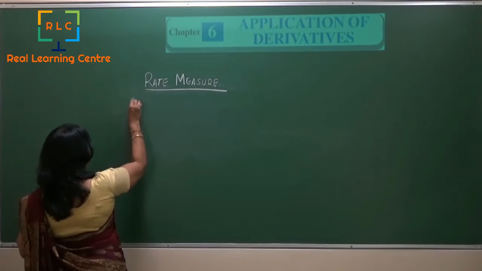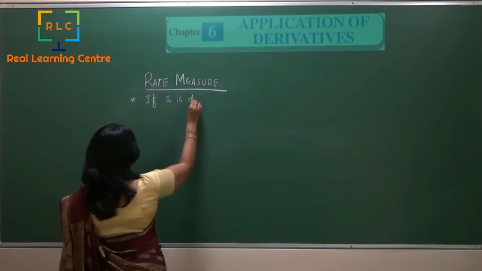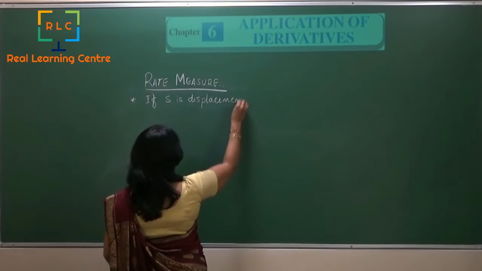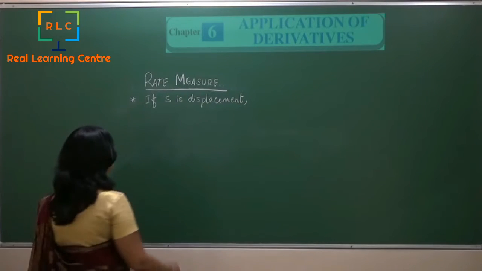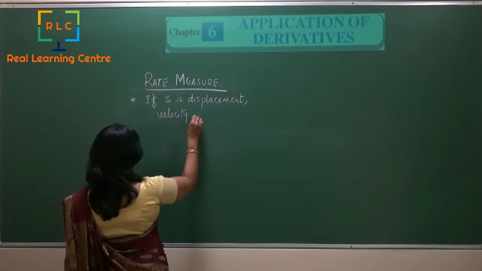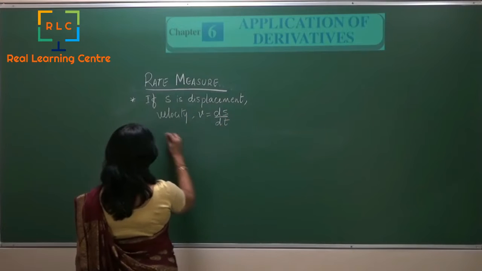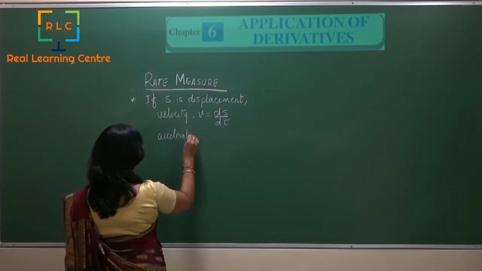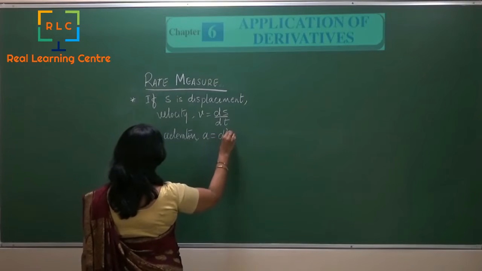Now point number one, if S is displacement, and this point you must have already learnt in your physics, velocity v is equal to ds by dt, and then acceleration a is equal to dv by dt.